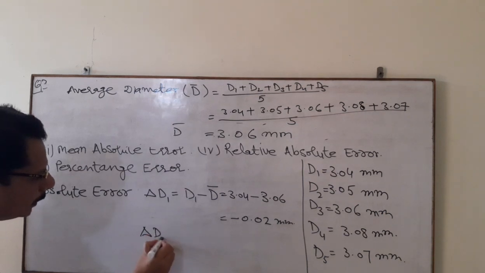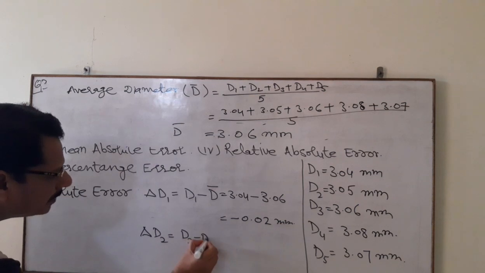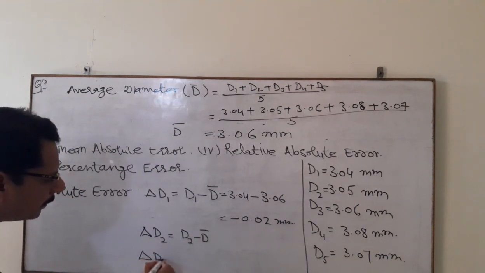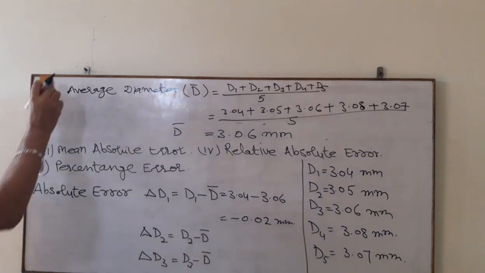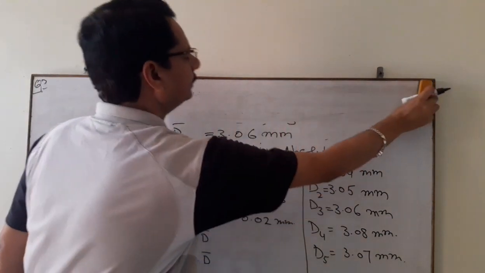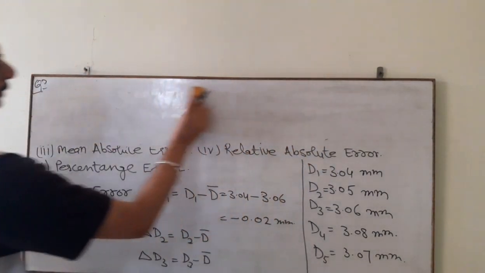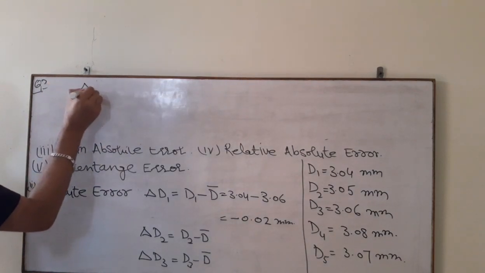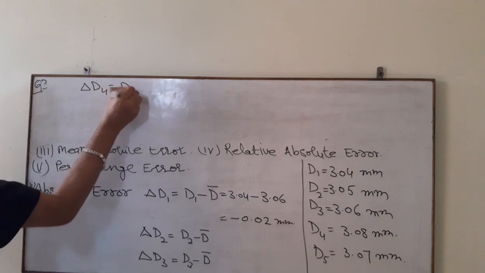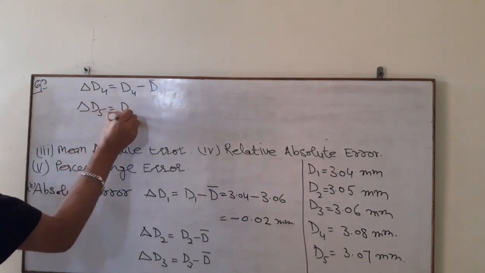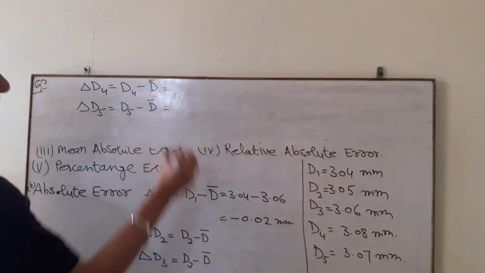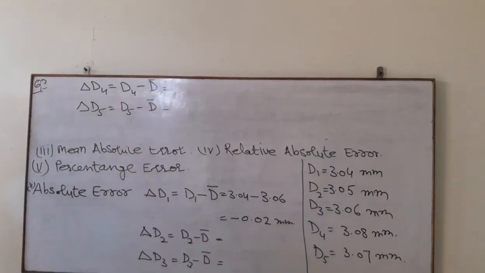And in this way we can find out delta D2, that will be D2 minus D bar, delta D3 will be equal to D3 minus D bar, delta D4 will be equal to D4 minus D bar, delta D5 is equal to D5 minus D bar. Put these values here.